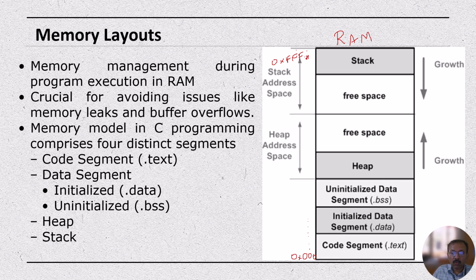Stack overflow leads to embedded device crashes as well. You can see that heap memory will be going upwards, and stack memory will be going downwards. So these are the major components in your memory layout.